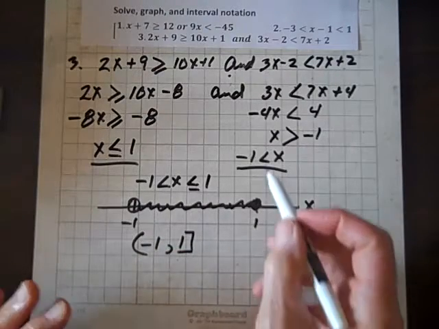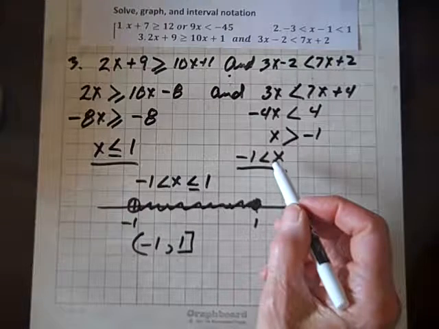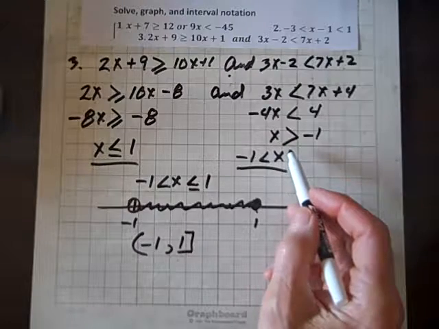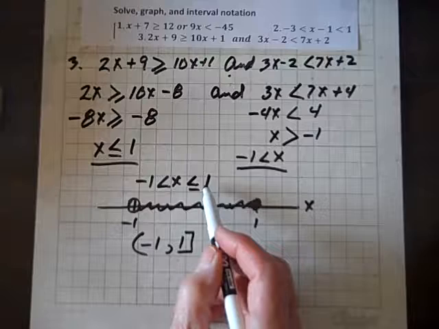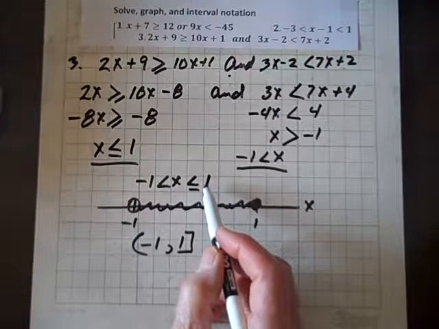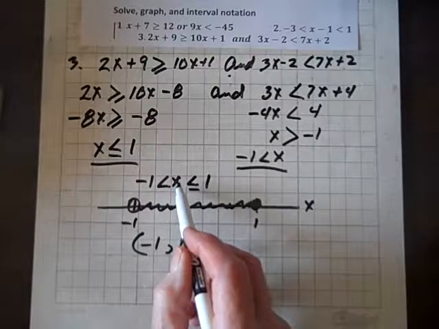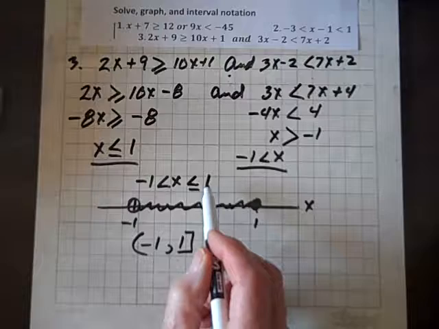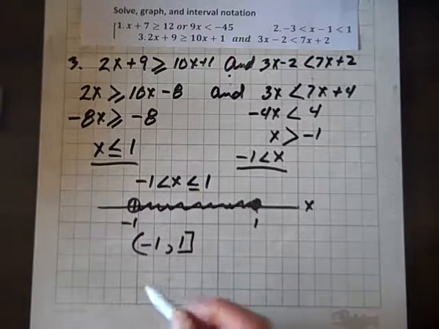And notice, we never leave a single inequality with the variable on the right, but we experimented here, and we could see we could write that as a combined inequality, and so now, of course, the variable's sandwiched in between the two numbers on either side of x. And we're done.